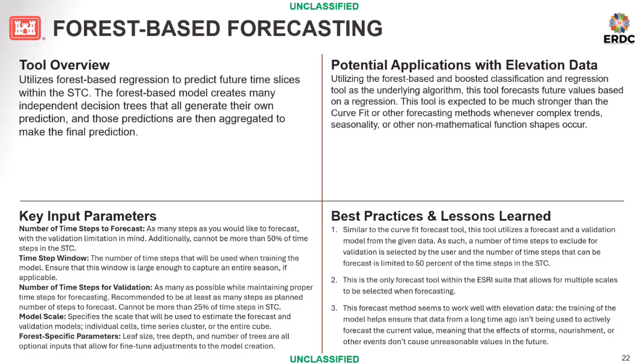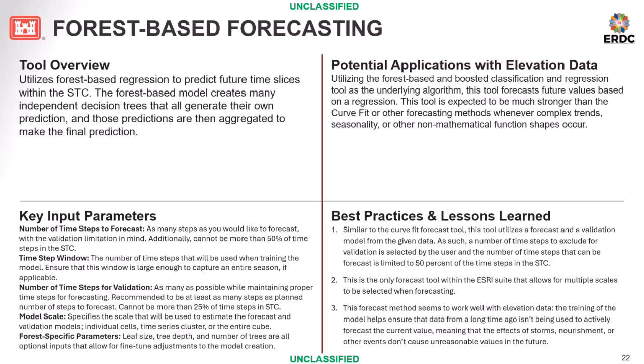A pretty straightforward forest-based analysis here. And so it utilizes the back end that ArcGIS Pro is pretty used to using in the forest-based and boosted classification regression tools. If you're familiar with those, it's using the same exact math and algorithm, and it forecasts those future values based off of that regression.